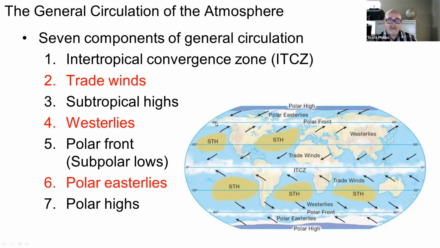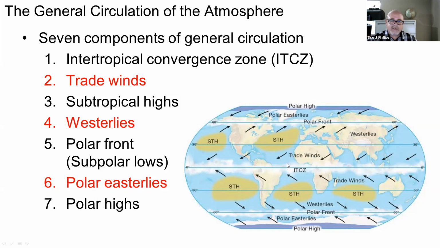We have the polar front, a zone of low pressure at 60 degrees north and 60 degrees south, and the polar highs at the poles. In between these, blowing from high pressure to low pressure, out of the subtropical high, we have winds going in this direction. They're converging at the intertropical convergence zone. That's why it's called that.